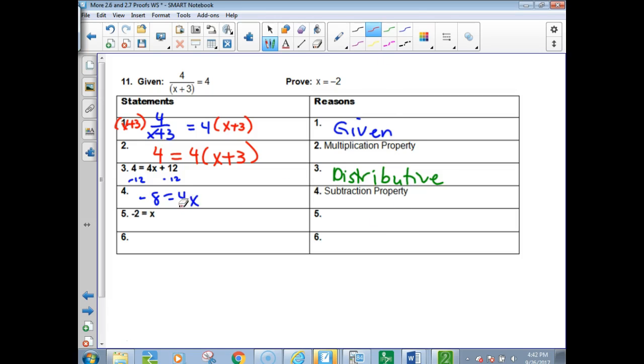Now, most of our students are very excellent at solving equations at this point. They learned it in Algebra 1, but also we've been doing it a lot. We get negative 2 is equal to x, which would be by the division property. And then finally, you can turn it around and say that x equals negative 2 by the symmetric property.